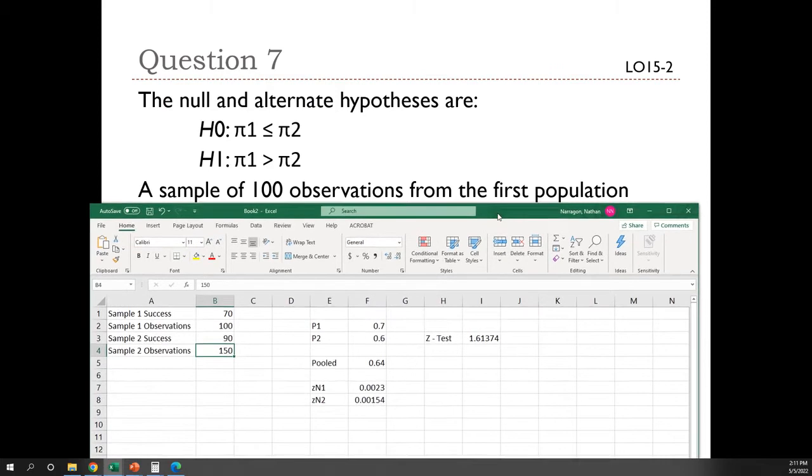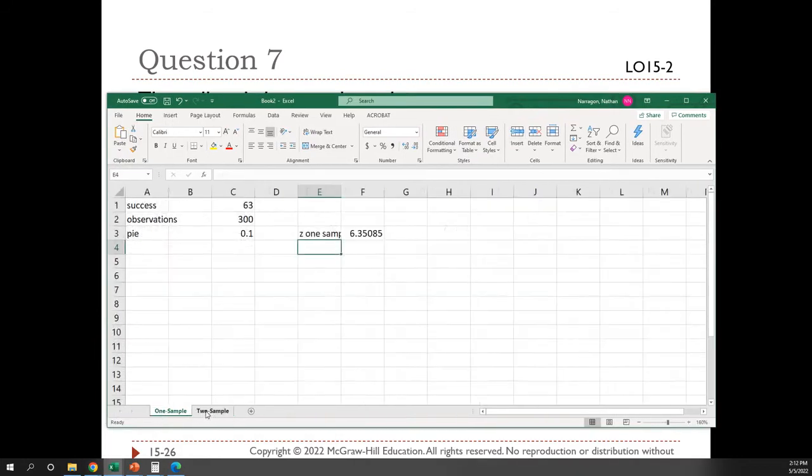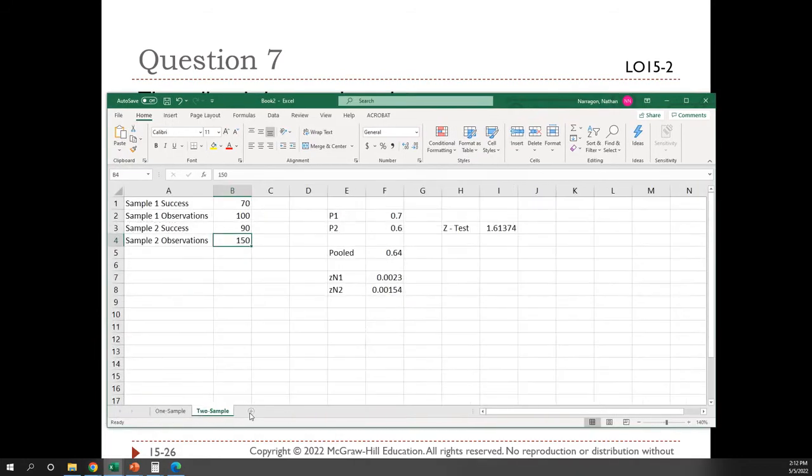So there we go. Our pooled is 0.64 and our z-test is 1.61, which is less than 1.64. They're very close, but we do not reject the null. Now we've got formulas built in for one-sample and two-sample proportions.